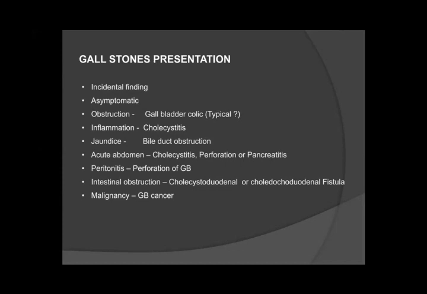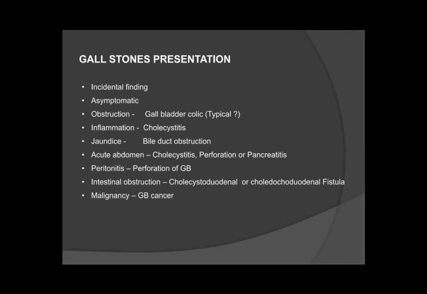Choledocoduodenal. Choledocoduodenal means the CBD, basically the ducts of the gallbladder, right? So it could be the CBD or the common bile ducts, through which the stone could either erode through the walls and enter again into the duodenum, or it could also go into the transverse colon, because these are two parts of the intestine that are closest to either the gallbladder, cholecysto, choledocoduodenal, or the CBD.